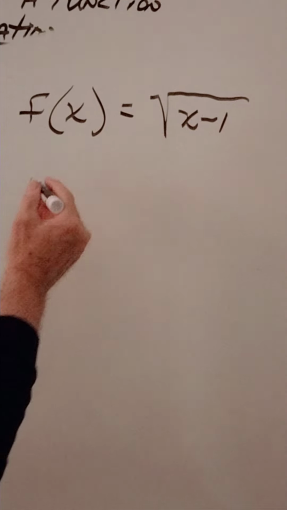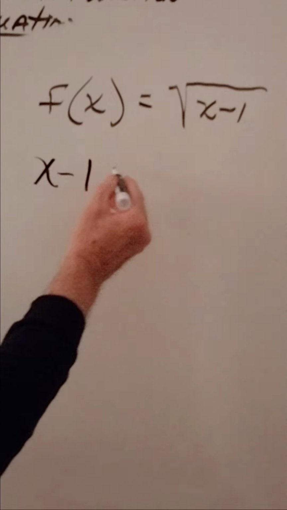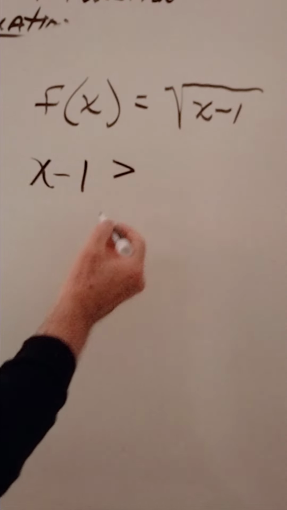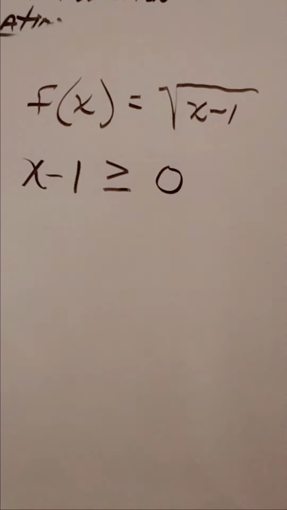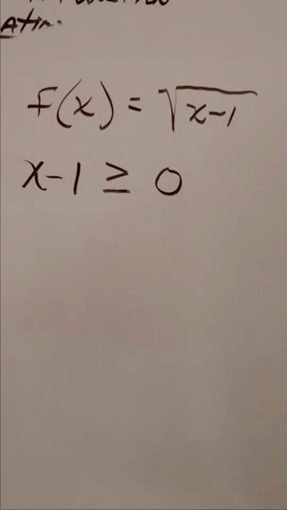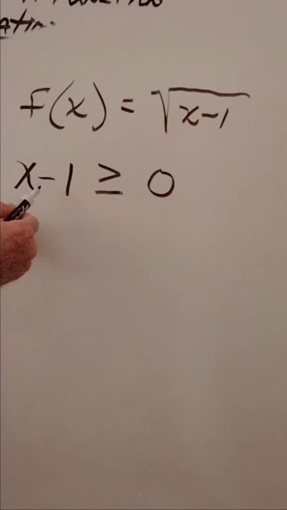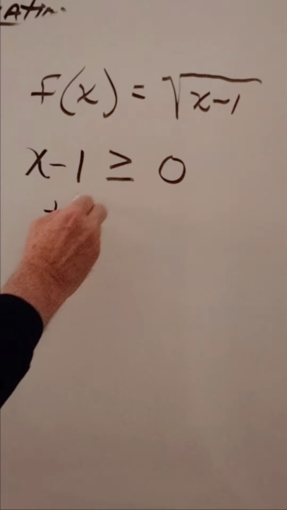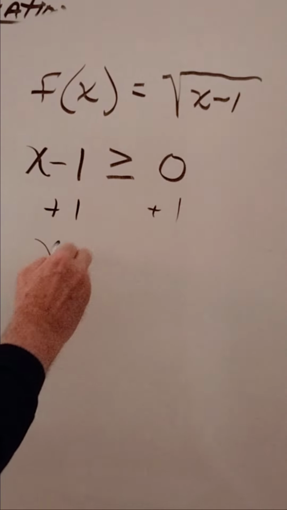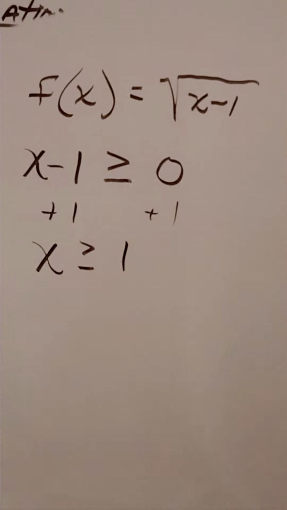Bring down your radicand and make it greater than or equal to 0. You see, it can be a 0 in there, or a number greater than 0. X minus 1 must be greater than or equal to 0. Positive 1 on both sides. X must be greater than or equal to 1.